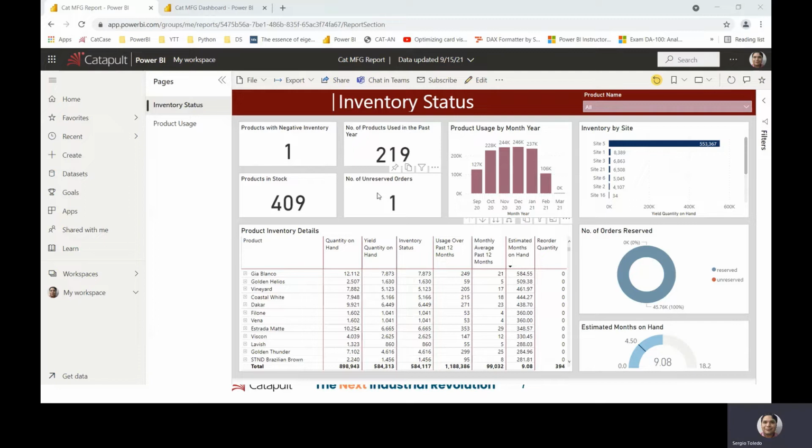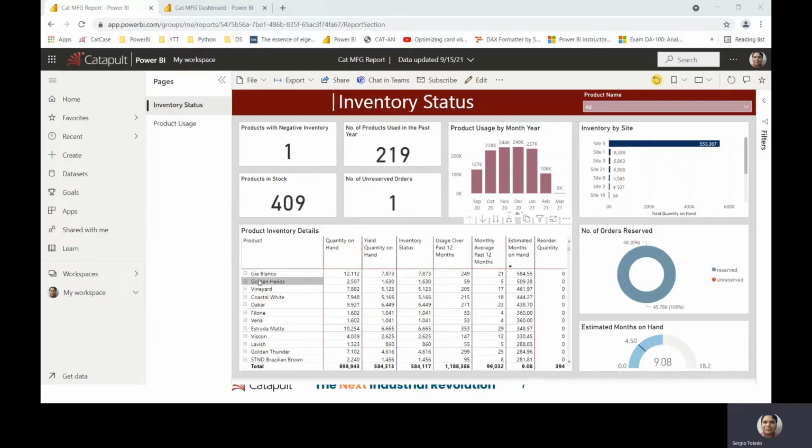Because sometimes, if you have enough for this month, for next month you might need more. Sometimes reorders can take some time to be filled. So you want to know ahead of time. 4.5 months is the target that this supplier made, and if a product falls below that, the gauge will display that.